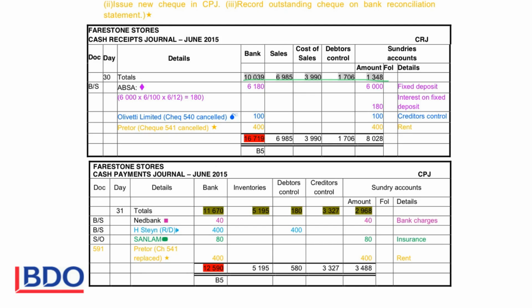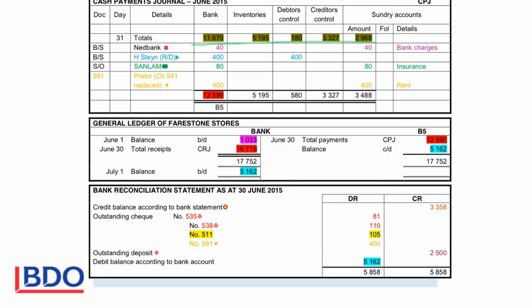The totals provided for the cash payments journal will be my opening totals in the cash payments journal. In the general ledger, we will start with the 1033 that we obtained from the previous bank recon. And in the bank reconciliation statement, we will start with the balance provided by the bank.